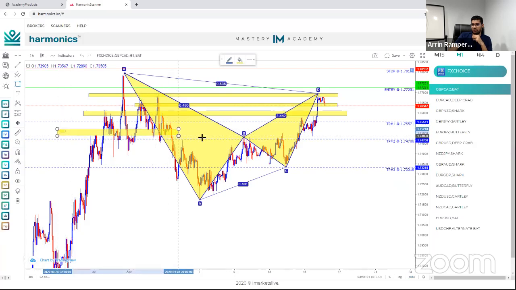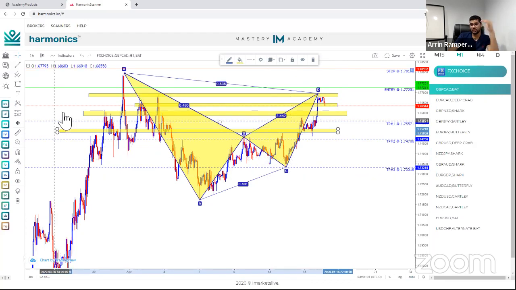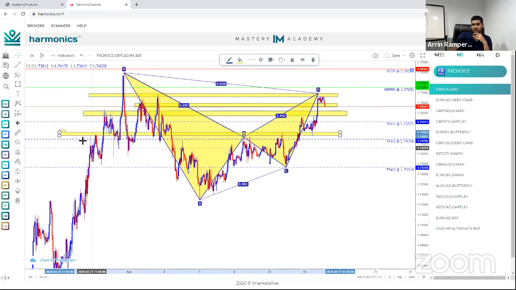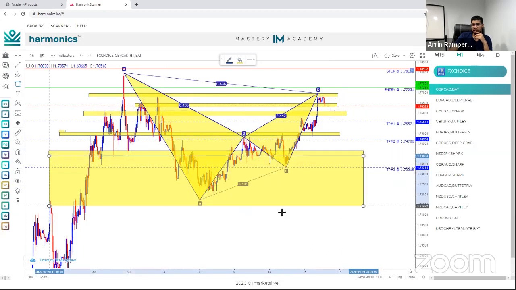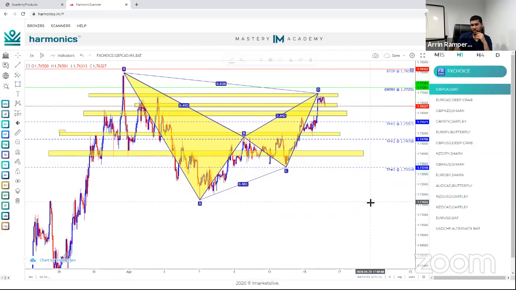I used to have lines showing this is support, this is resistance. Everything was support and resistance to me. Really and truly, yes, there are a bunch of levels, but you don't need to look at all of them. You just need to look at a few that are relevant for you.